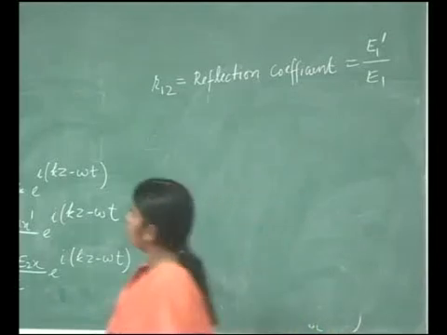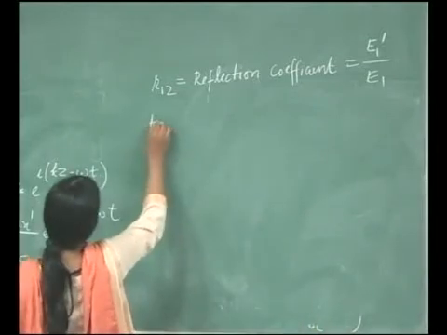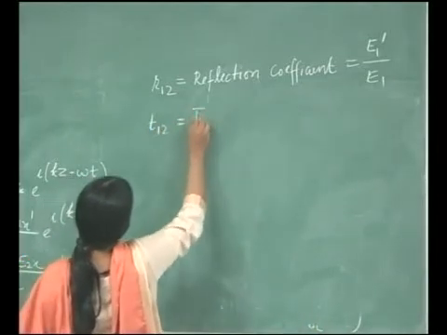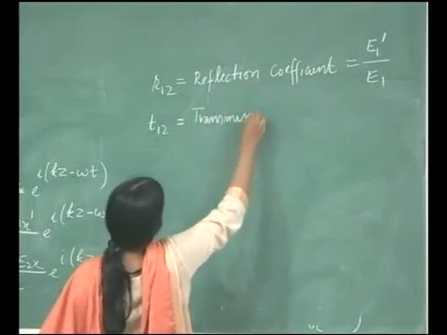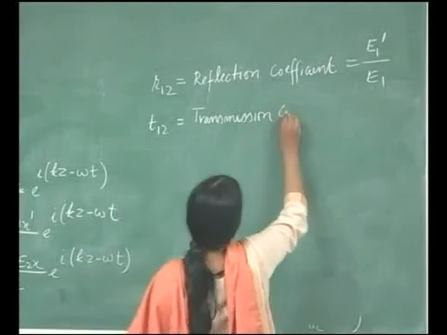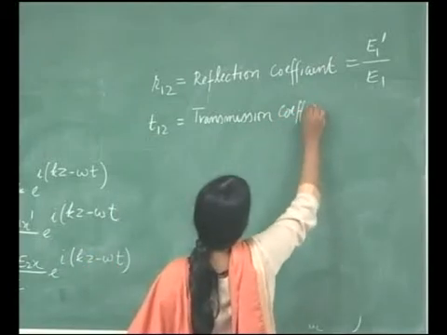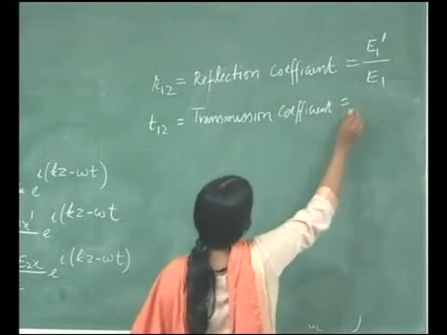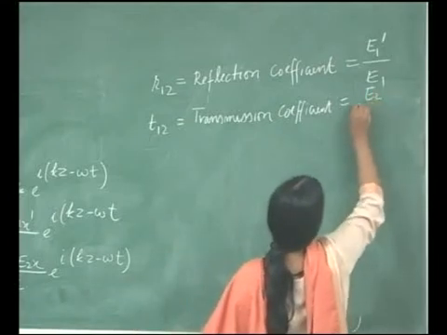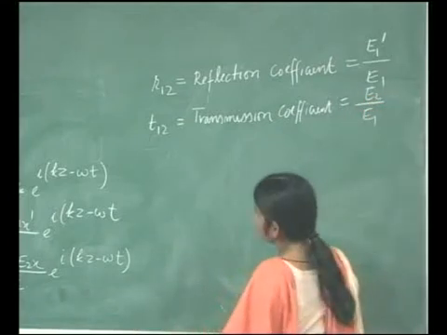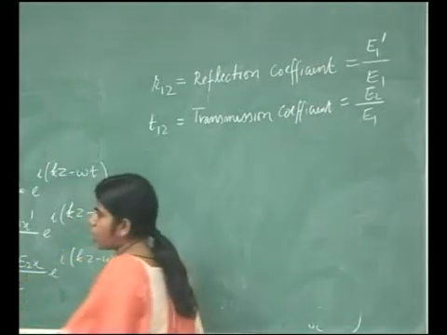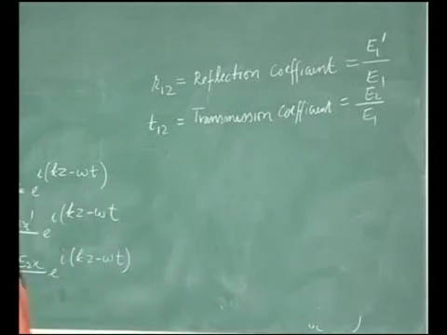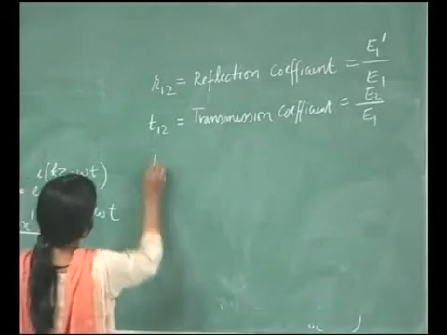And then I have T12, this is the transmission coefficient, and this should be equal to E2 divided by E1. Okay? These R12 and T12 are also called Fresnel's coefficients.